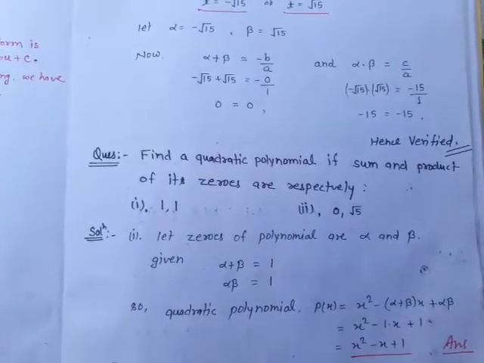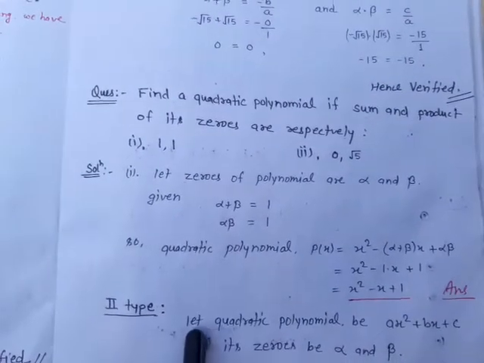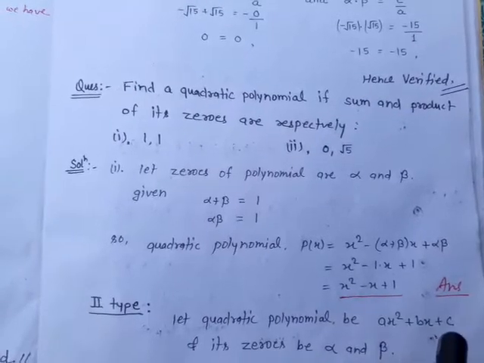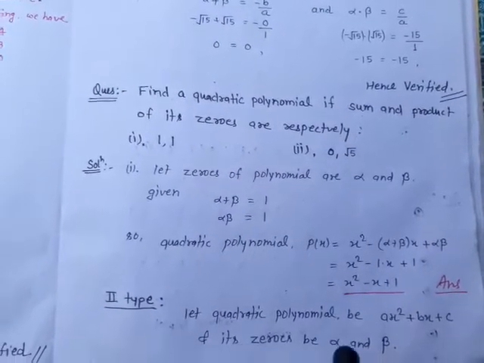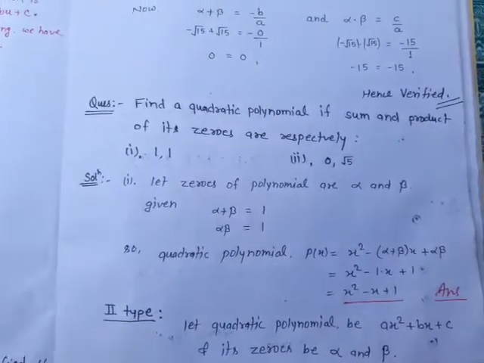This can also be solved by a second method. The second method is, let the quadratic polynomial be ax square plus bx plus c. This is the format of the quadratic polynomial which we assume, and its zeros are alpha and beta.